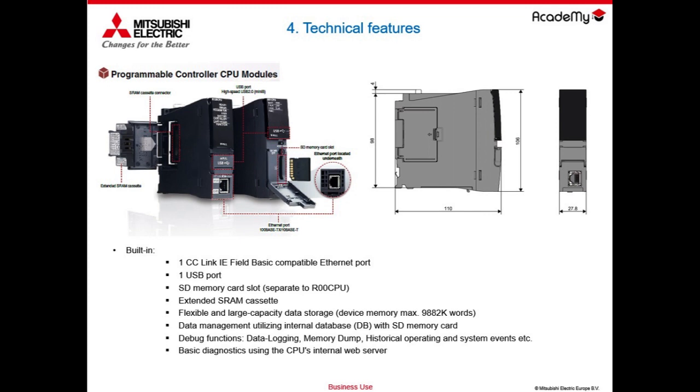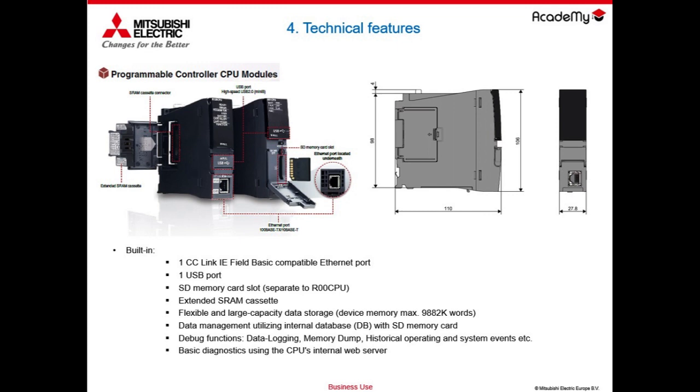CC-Link IE Field Basic differs from CC-Link IE Field because the latter actually runs at 1 gigabit, so it certainly has better hard real-time performance. With this built-in port, we can manage a master for CC-Link IE Field Basic, not for CC-Link IE Field. We'll see how to do it later.